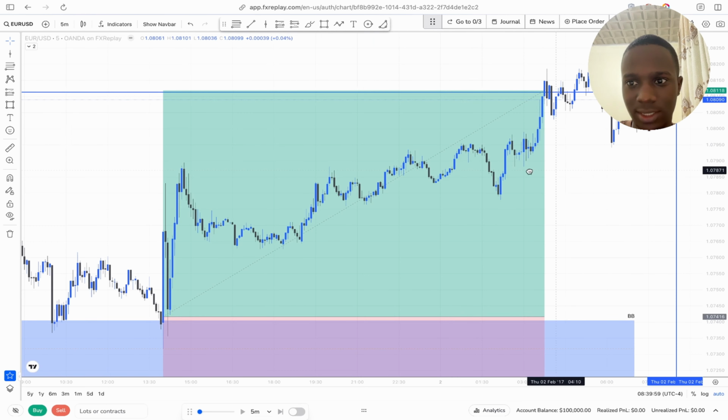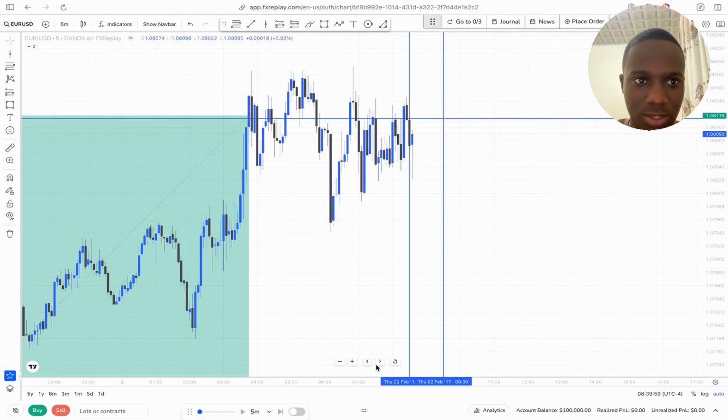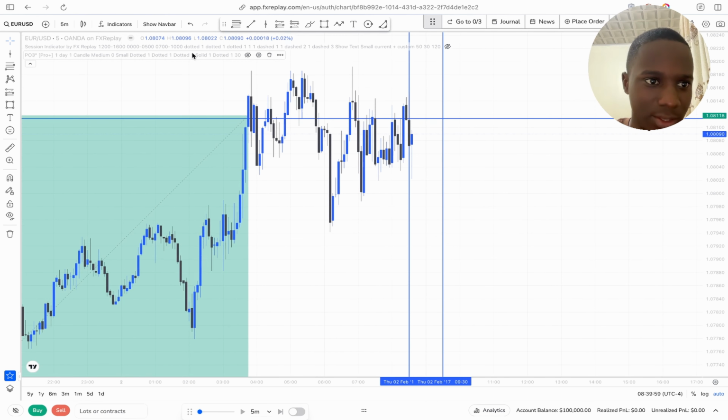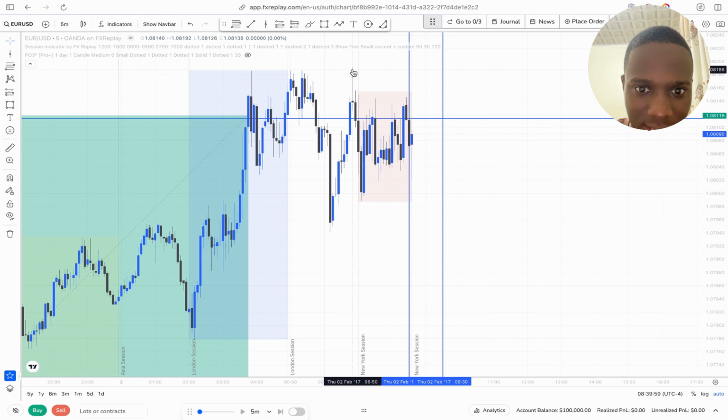All right, so you can see that we had some bit of consolidation right here after this large move in the London session. Actually, we can also see the sessions. So you can see London session starting at 3 or 2, somewhere around there. It created this high, and New York session started by taking it.